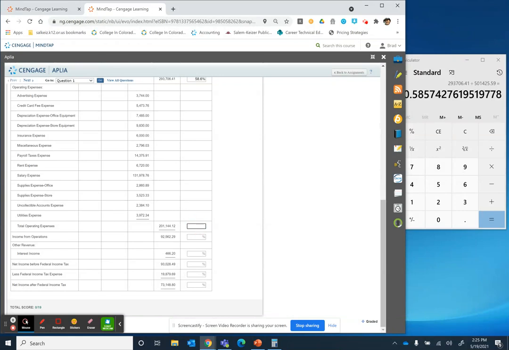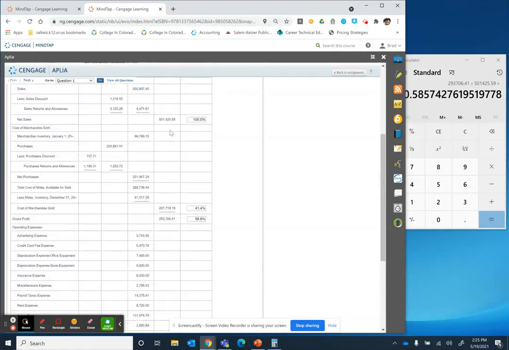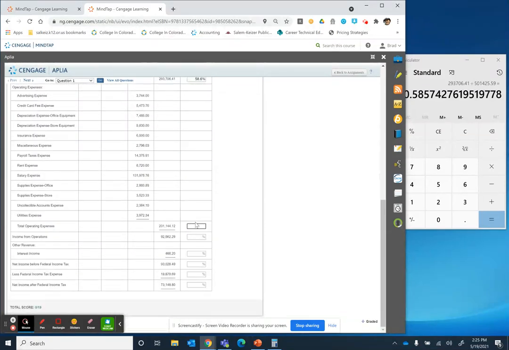I'm not going to do the calculations for it, I'll just give you the numbers. Total operating expenses divided by our net sales comes out to be 40.1%. Income from operations divided by net sales gives us 18.5%. Our interest income divided by our net sales gives us 0.1%.